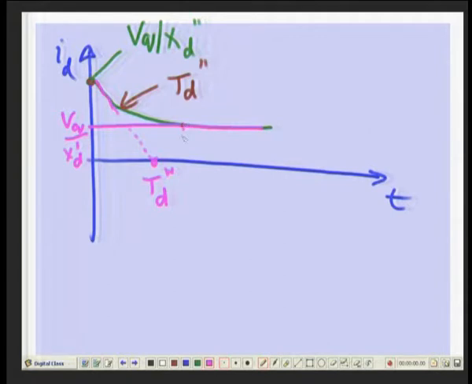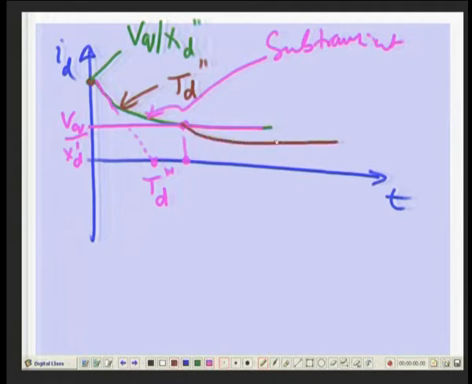Let us say you start somewhere here, and this whole behavior is called subtransient. Now, the actual initial point is Vq by Xd double dash, so this will be your new time t equal to 0, and you would expect this will die down from Vq by Xd double dash.